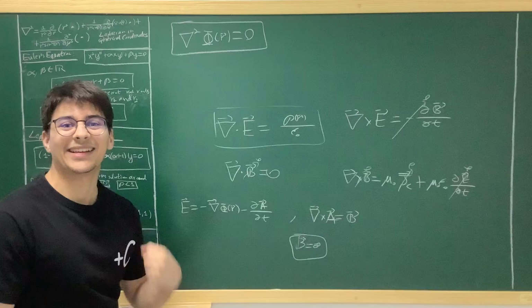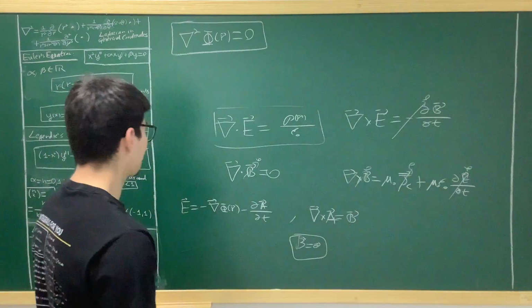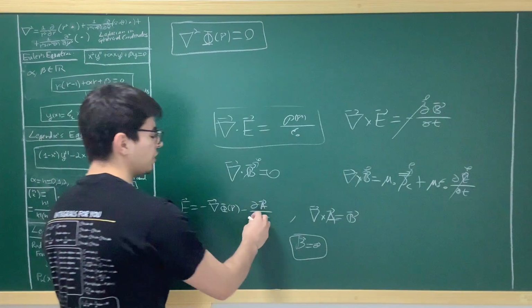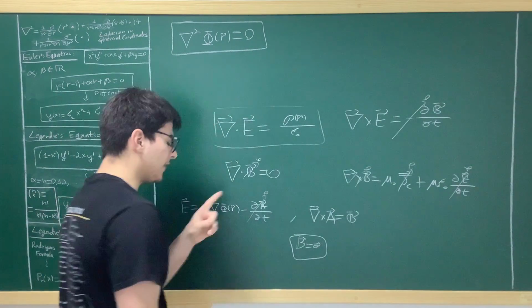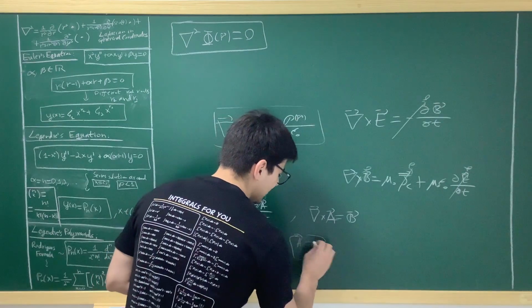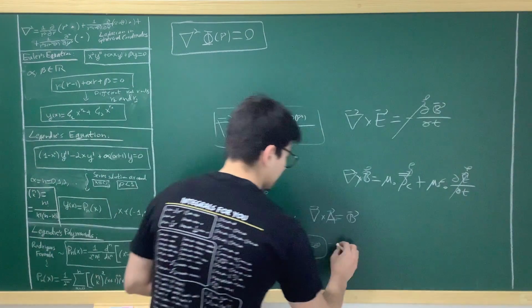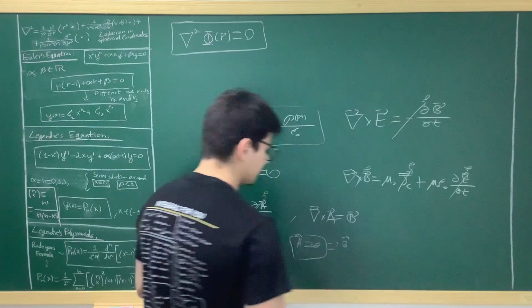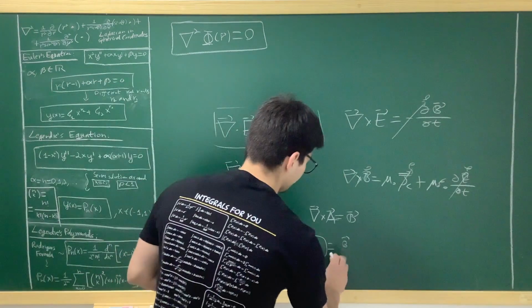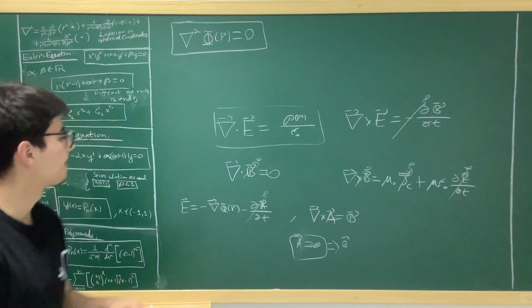This is more of an electrostatics problem. So if this is 0, we don't even need this right now. In fact, more accurately, we could say that A is 0. This would imply that B is 0, and it's just the same, but this is a bit more accurate.